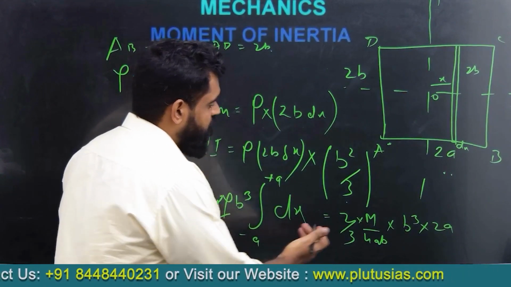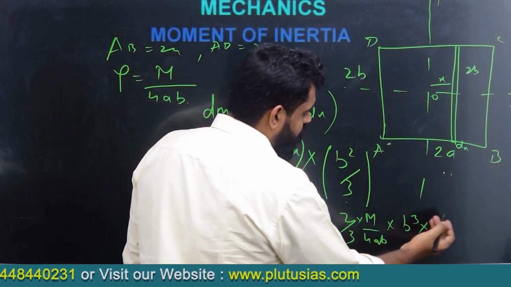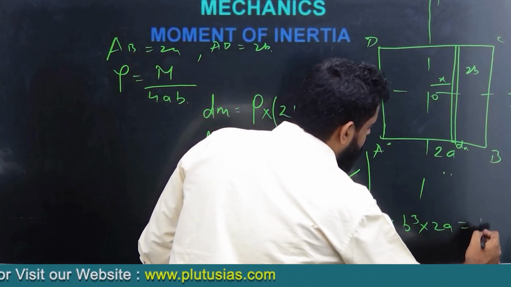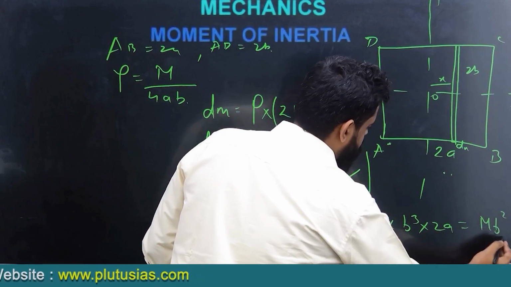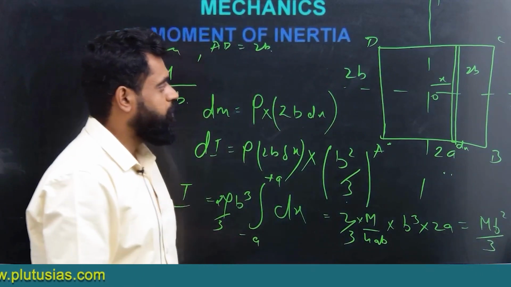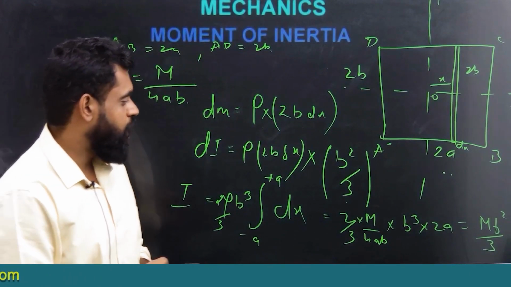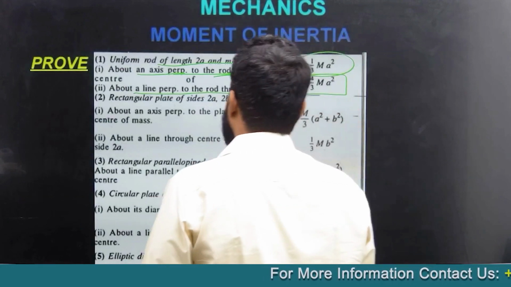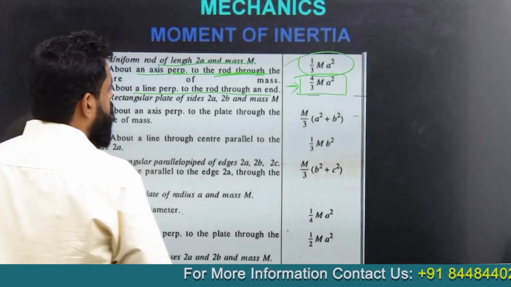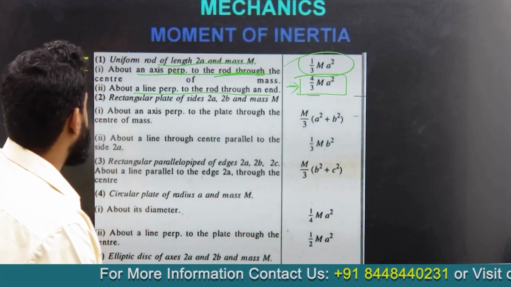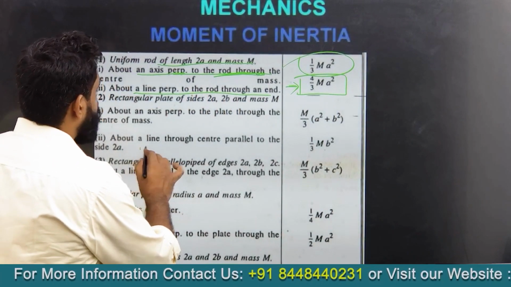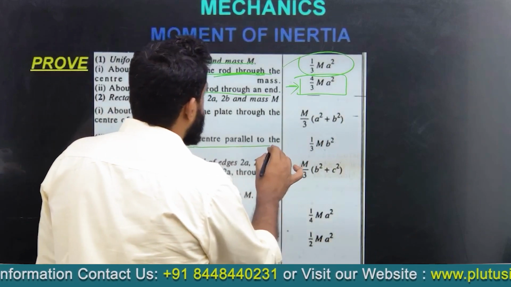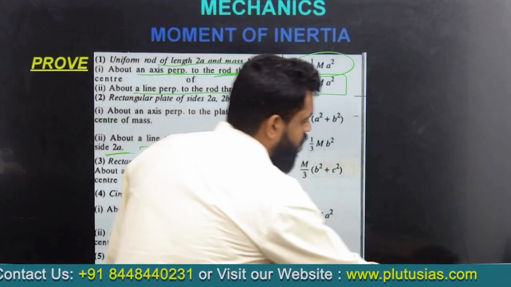So the 2, the 4AB, and the a cancel out and it forms M b square upon 3 about OX. About the line OX it is M b square by 3. This is about a line through the center parallel to the side 2a.